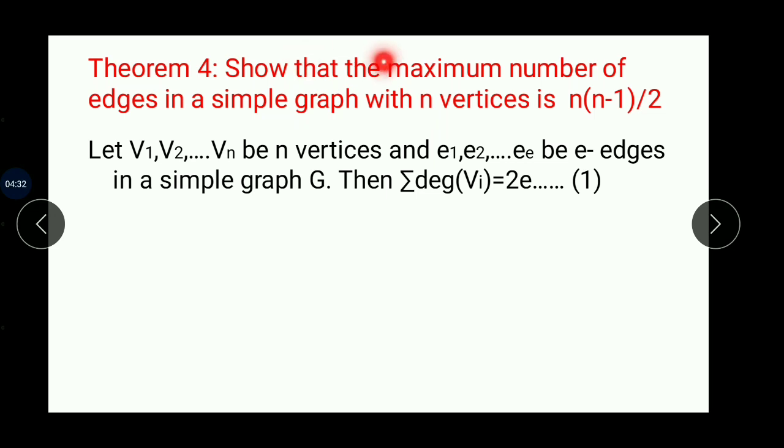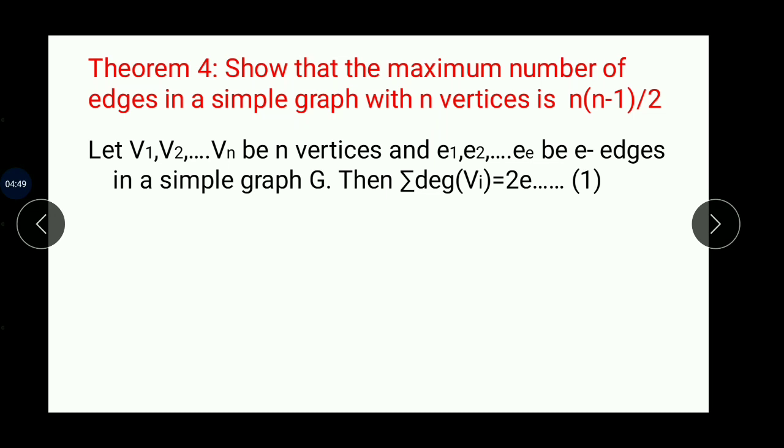Show that the maximum number of edges in a simple graph with n vertices is n into n minus 1 divided by 2. So let v1, v2, ..., vn be n vertices and e1, e2, ..., ee be E edges in a simple graph.